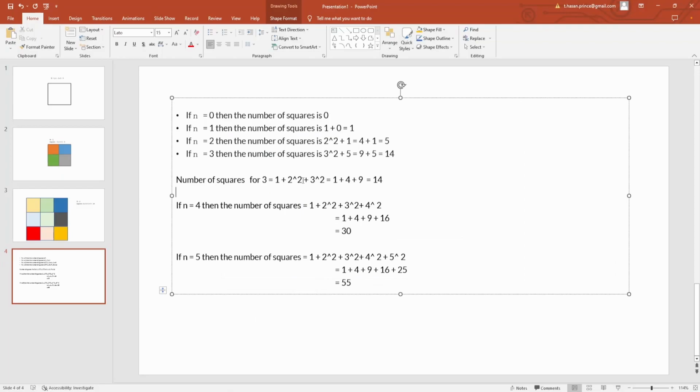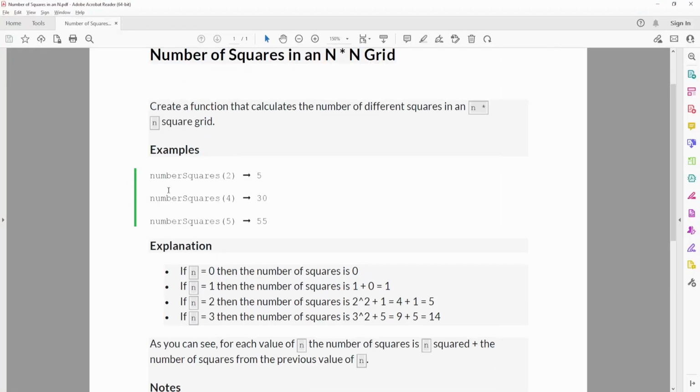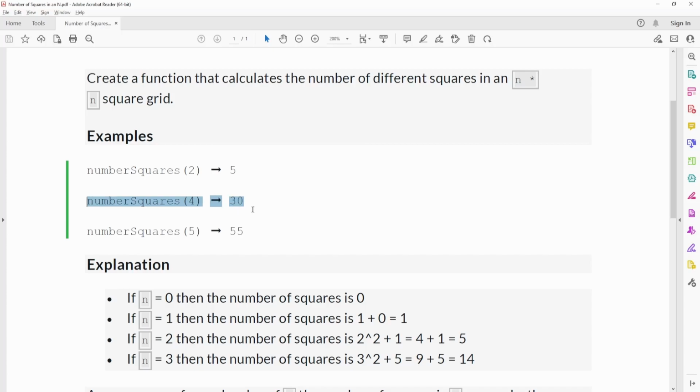So for 1 it was 1, for 2 it was the square of 2, and for 3, it is the square of 3. So together it has 14. And if we go to our question, we can see that when n is 4, the answer should be 30, right?